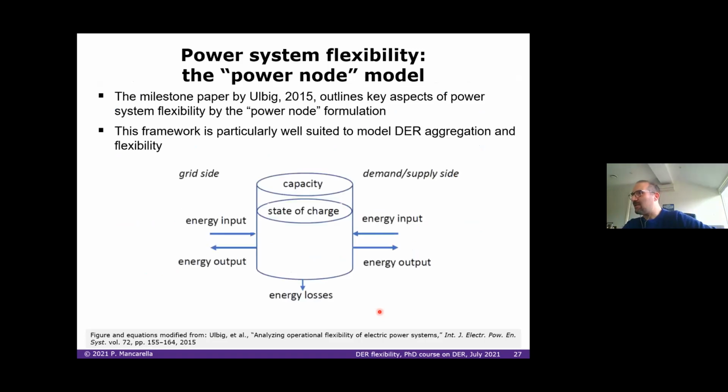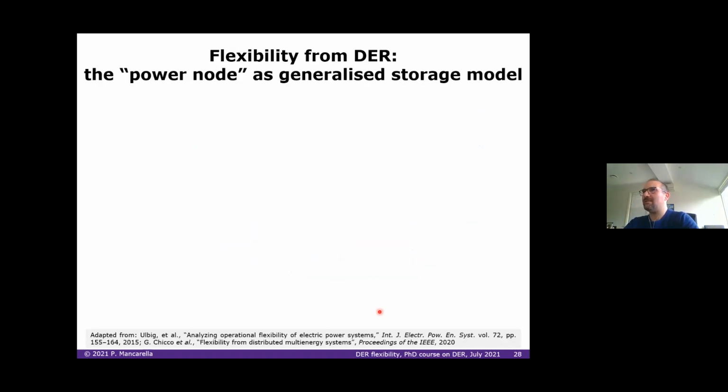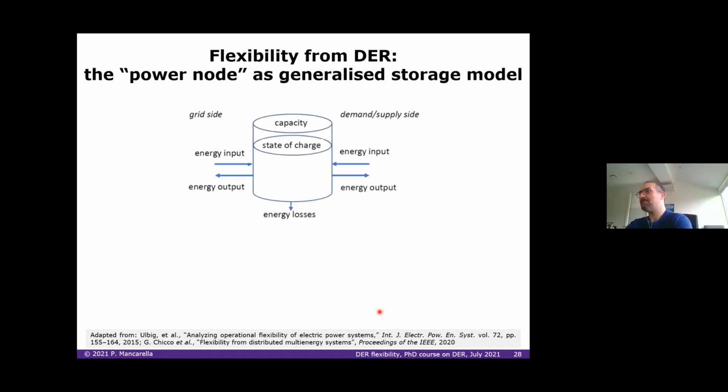A very convenient way is looking at this power node model, whereby effectively we can look at the idea of flexibility of one resource or of an aggregation as a generalized storage model. So effectively, if you look at this, imagine this is some form of resource or resource aggregation, it can be just a portfolio of resources in a distribution network.